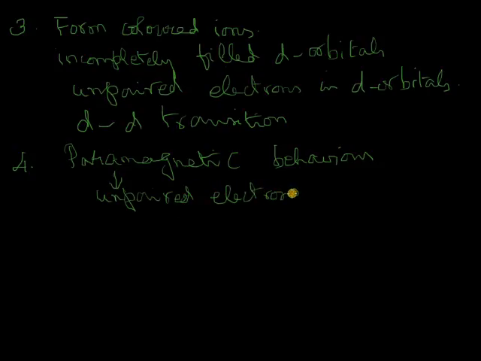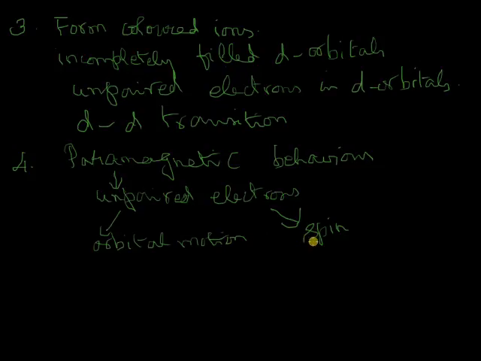Unpaired electrons give rise to two kinds of magnetic field due to their motion. One is due to its orbital motion, the other one is due to its spin. An unpaired electron, due to these two types of motion, creates a magnetic field.